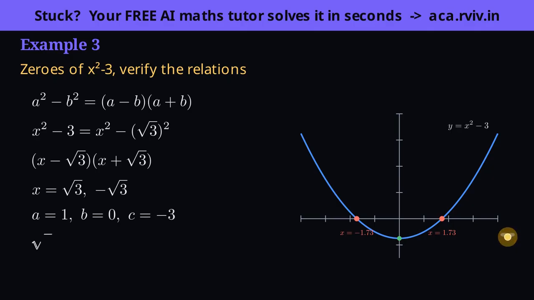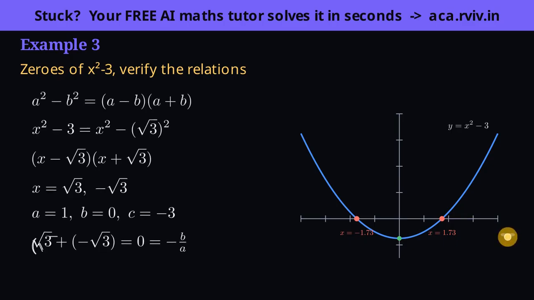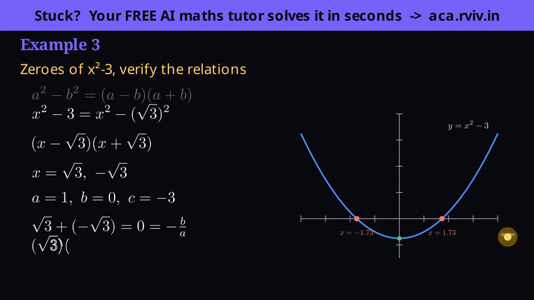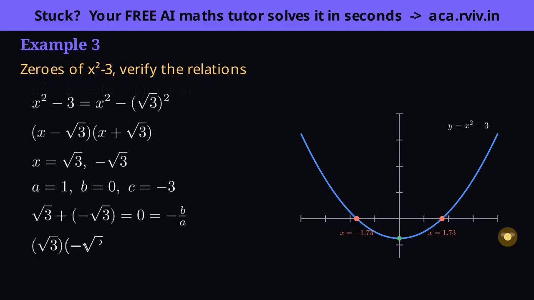Check the sum. √3 plus minus √3 is 0, and minus b over a is -0/1, also 0. The vanished middle term and the 0 sum are the same fact seen twice. Check the product. √3 times minus √3 is -3, and c over a is -3.